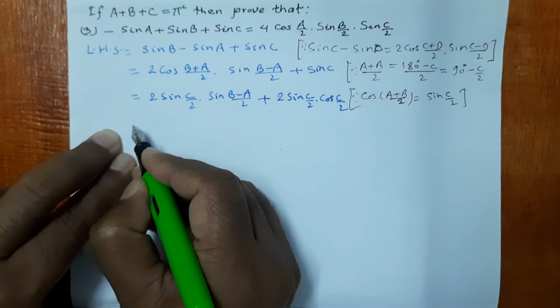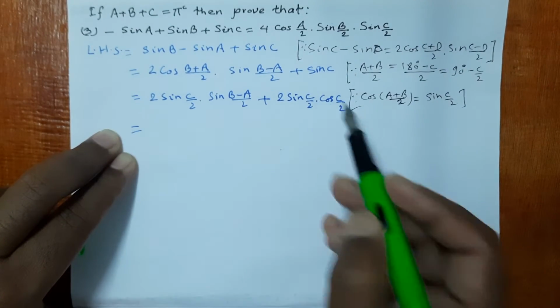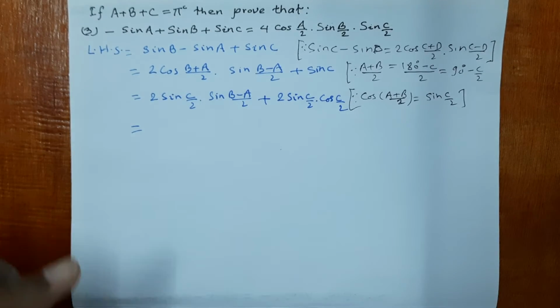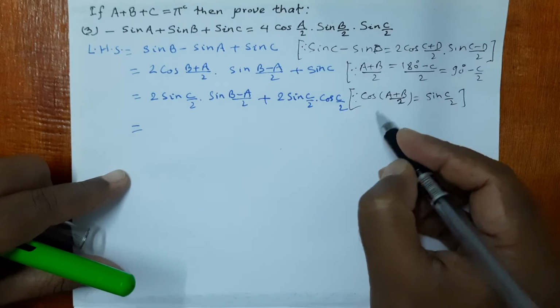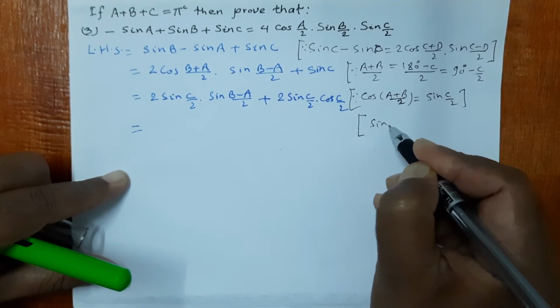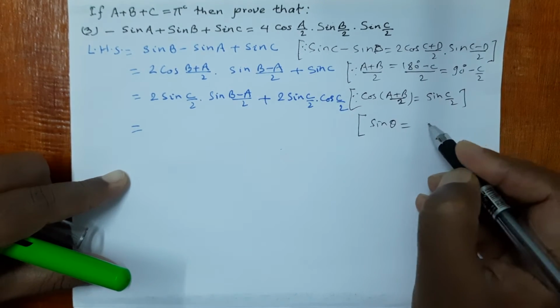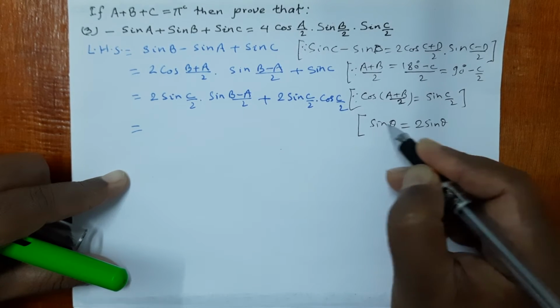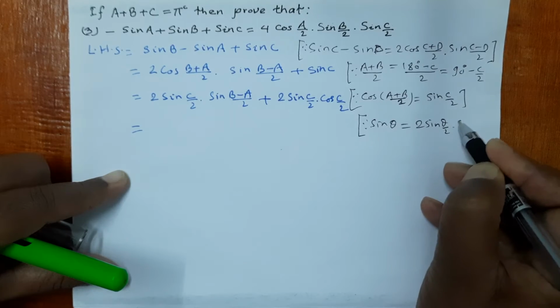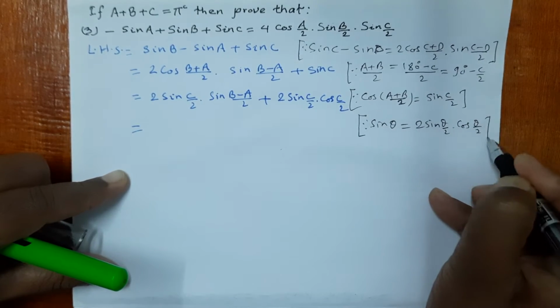And now here we have used this formula, that is the sine theta formula in terms of sub multiple angle, that is 2 sine theta over 2 cos theta over 2.